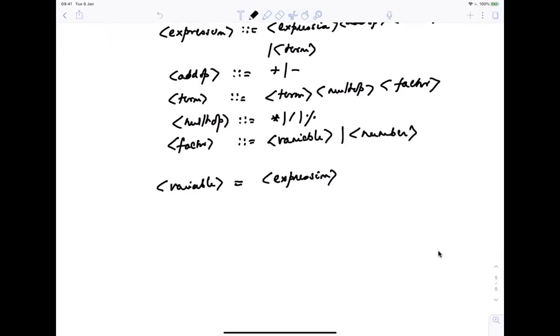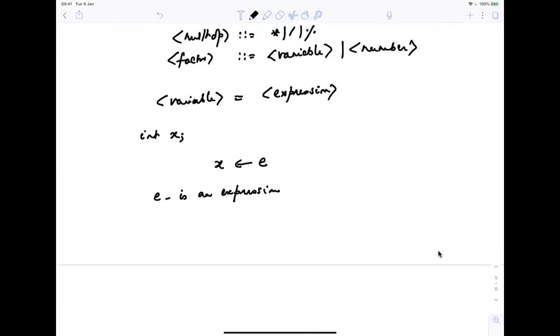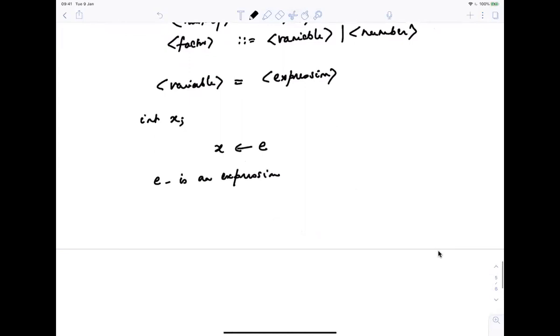So what we are looking at is how to write this. I have a variable, let's say int x, I'm taking integer just for convenience. And let us say I want to assign an expression e, and I want to assign this expression to the variable x.